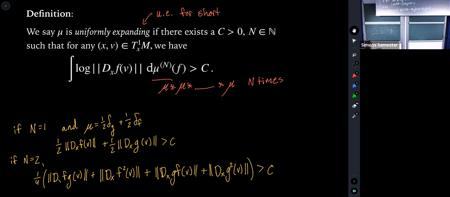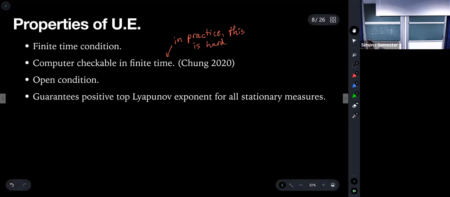All right. So because of the 0-1 law, everything that's not on the stable will get sucked into one of the unstables. So if they don't line up, we're good. Okay. So other properties. Well, in addition to being extremely random and requiring randomness, this is a finite time condition.